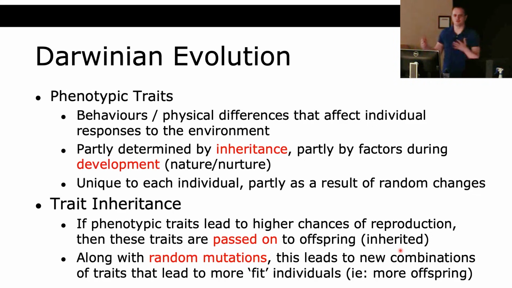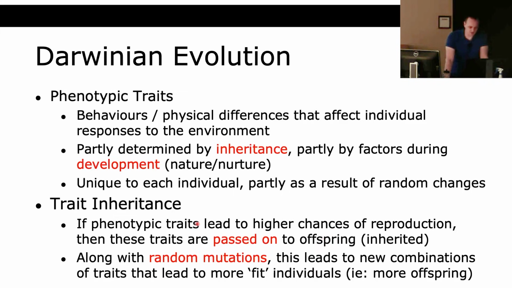I'm sure you've seen that before. Someone has two tall parents and their kid is even taller than them. Along with random mutations, this leads to new combination of traits that ideally lead to more fit individuals, right? And when I'm talking about this, it's on average, right? Of course, there's always someone who could be born that is not taller than their parents or whatever, but in general, this is what happens over time.